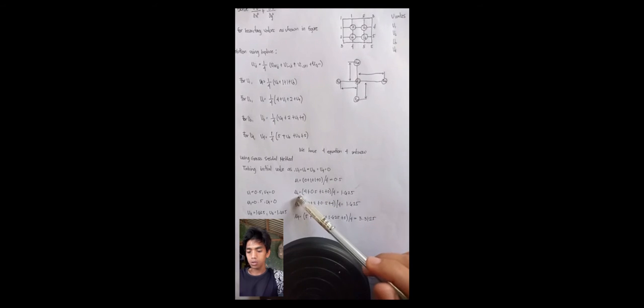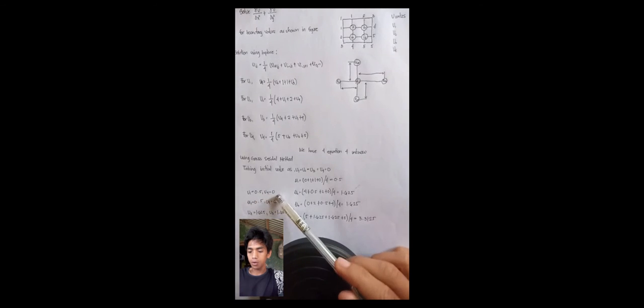Now for u2, we have u1 is 0.5 and our u4 is 0. 4 plus 0.5 plus 2 plus 0 divided by 4 is equals to 1.625. And for u3, u1 is equal to 0.5 and also u4 is 0. u3 is equals to 0 plus 2 plus 0.5 plus 4 divide 4 is 1.625.